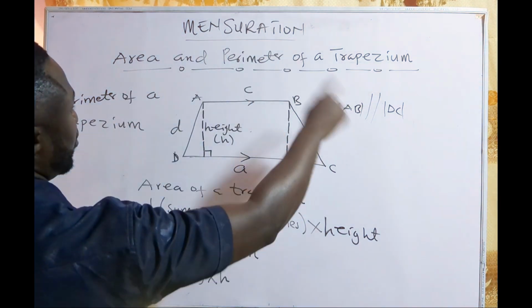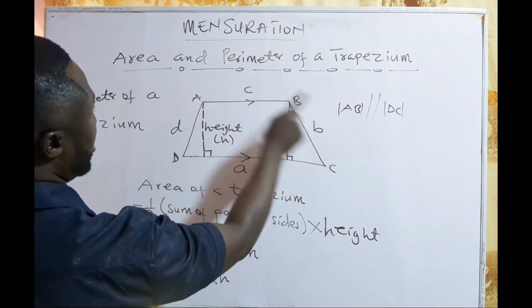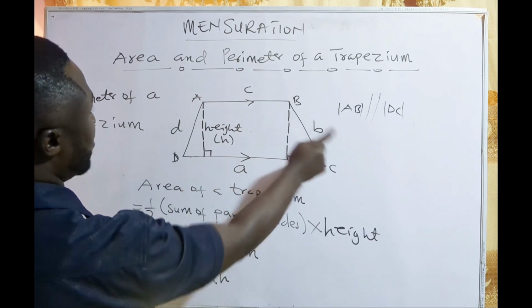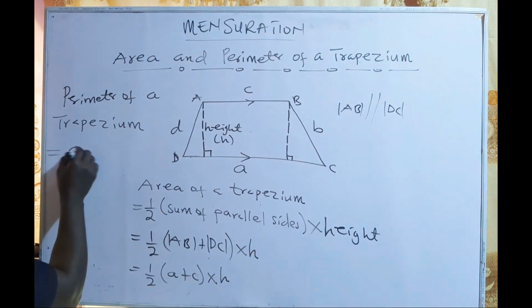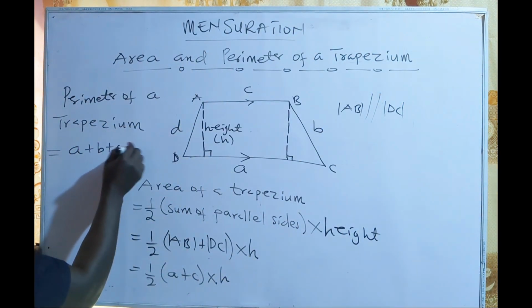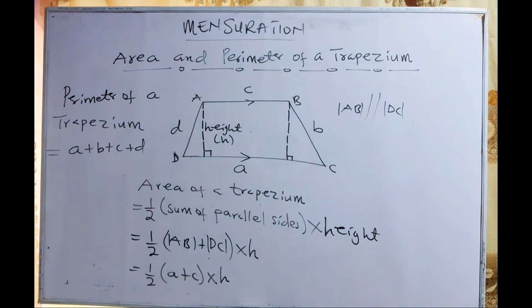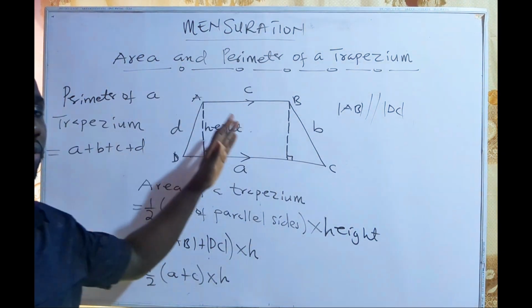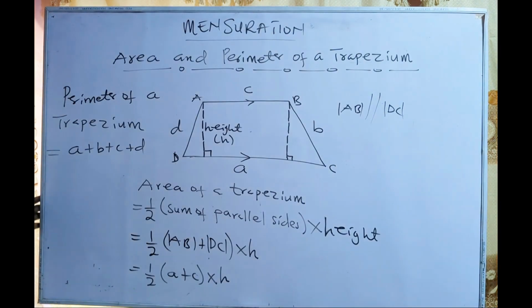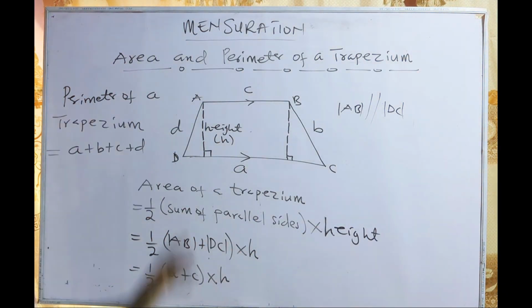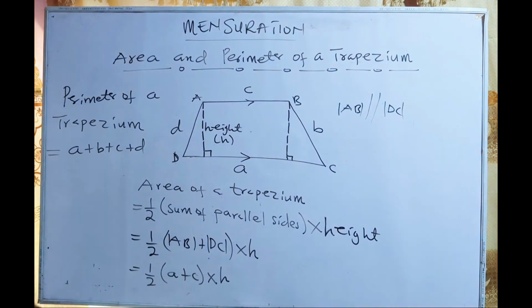So if I go around, I mean this side plus this side plus this side plus this side, so A plus B plus C plus D. So that is the perimeter of the trapezium. Alright. So this is about the area and then perimeter of a trapezium. Okay. Let's solve a few questions and then we close our lesson.